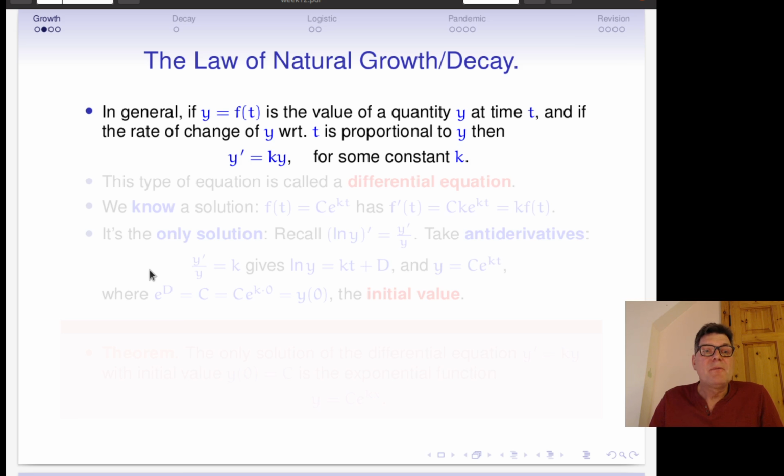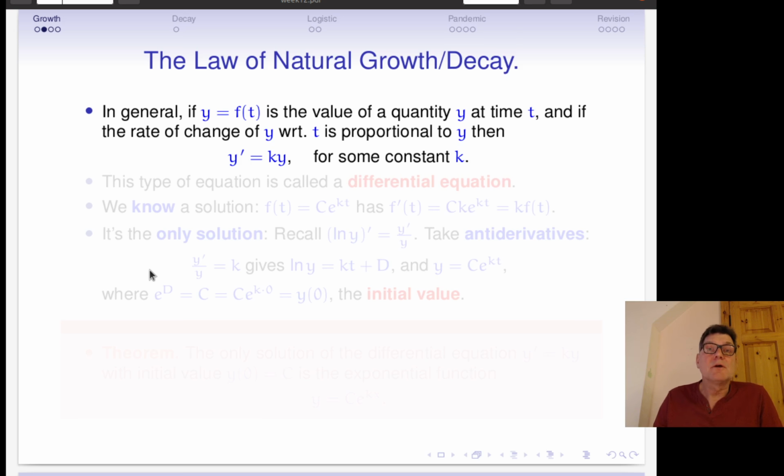And if this quantity has a rate of change that is proportional to y itself, then we can express this fact by the equation y prime equals k times y for some constant k. That's the calculus way of saying that the rate of change of y is the k-fold multiple, is proportional to y itself.